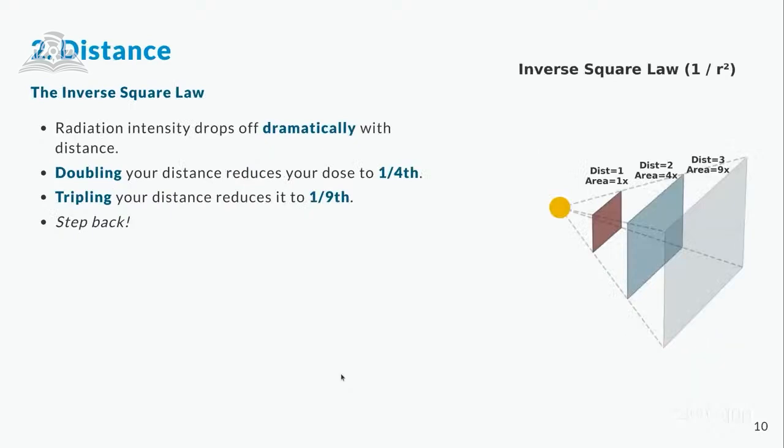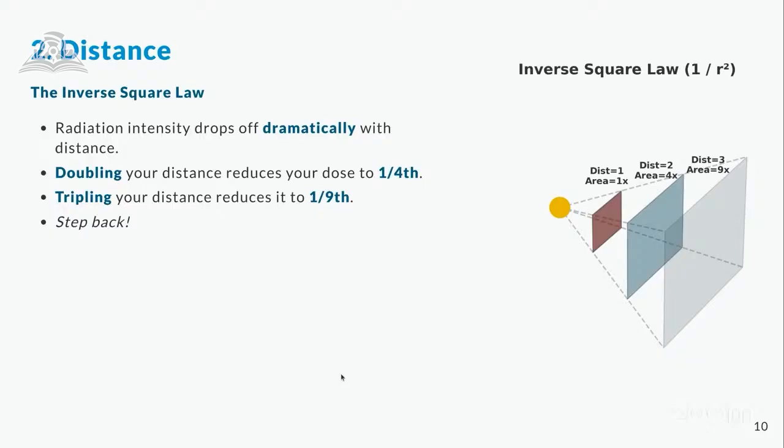The next concept is distance. We have a mathematical law that decides what level of radiation is given at different distances. If you step back one step, you get a fourth of the dose that you would get if you didn't take that step back.